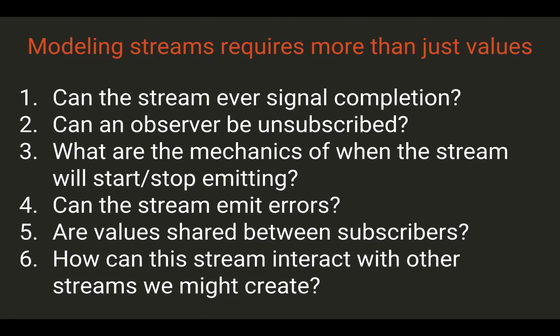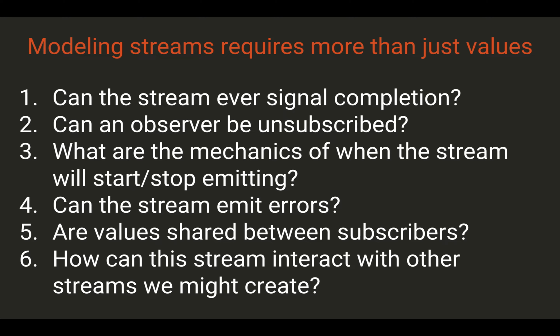So that works. It achieves what we want to achieve, which is getting those values. But to actually model that stream requires more than just modeling how we can get the values. So if I said, let's reason about that code we just wrote, people might sort of struggle to answer the following questions, like, can the stream ever signal completion? Can an observer be unsubscribed?